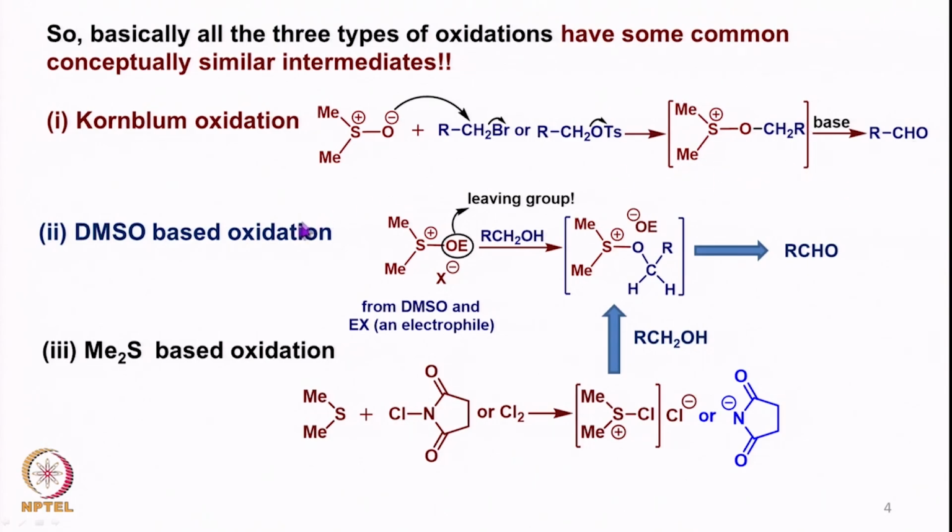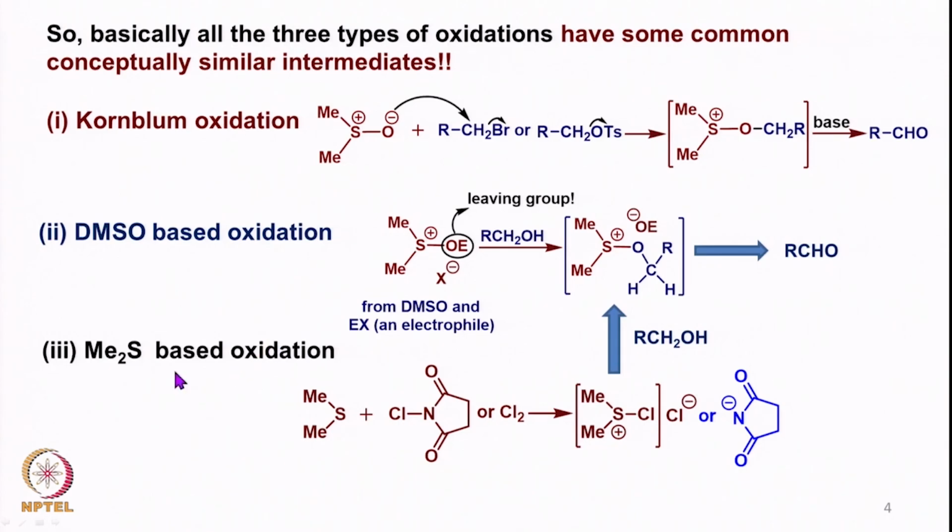formation of aldehyde. In the DMSO based oxidation, what we have seen is that the DMSO gets activated by the electrophile to form this species, to which the alcohol reacts to form a similar type of species as is formed here by the reaction of DMSO with the halide or tosylate, and then the rest of the things are similar.